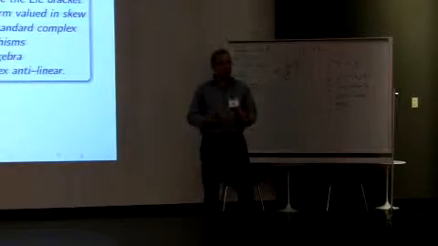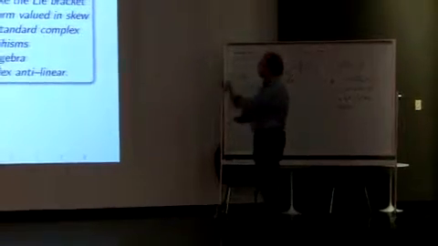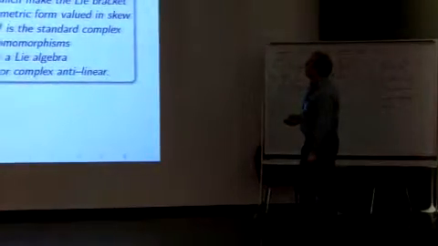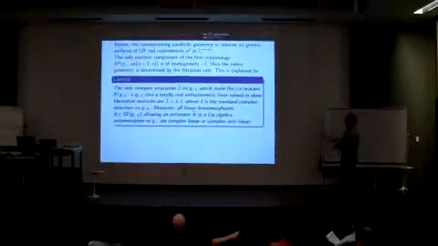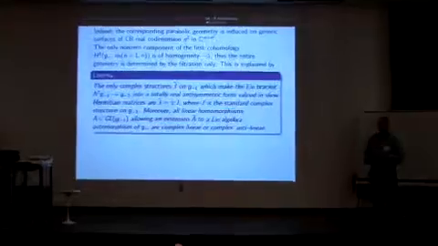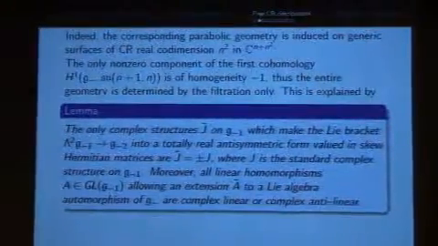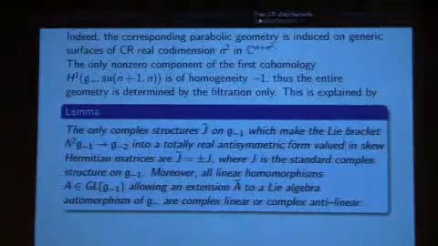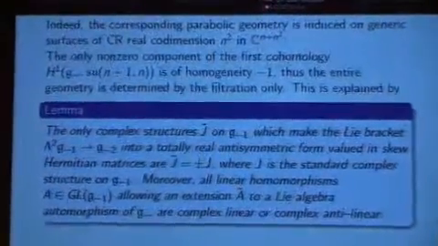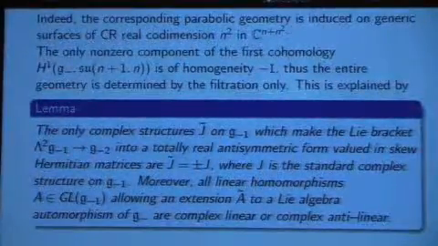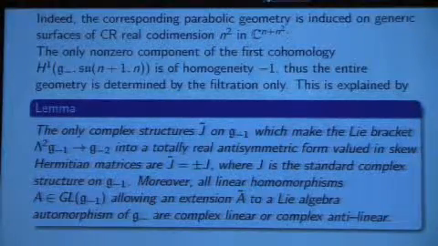So how about the J's? It's a very simple observation actually, just looking again at elementary linear algebra: if there is a J making the Levi form, so the Lie bracket, into a totally real antisymmetric thing, then the J is given uniquely up to conjugation.